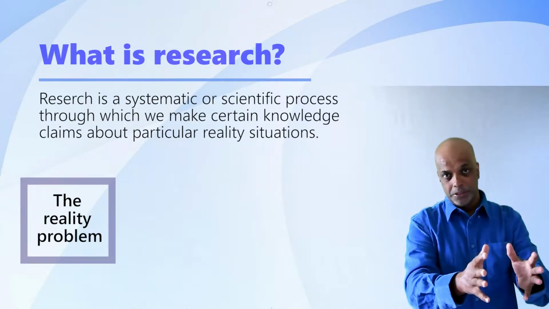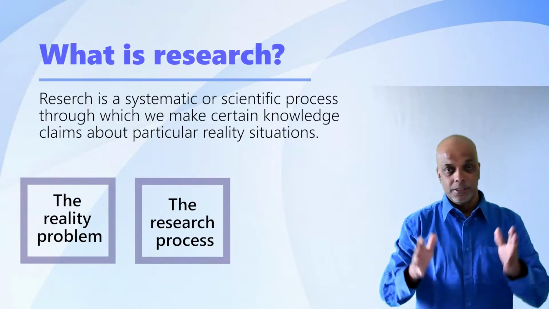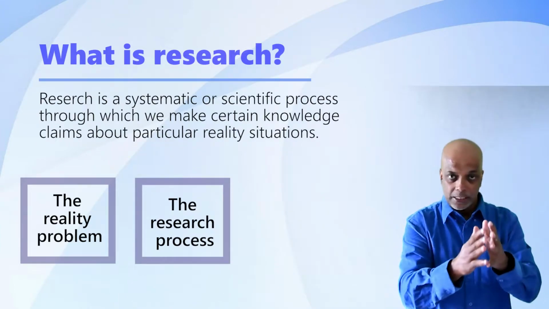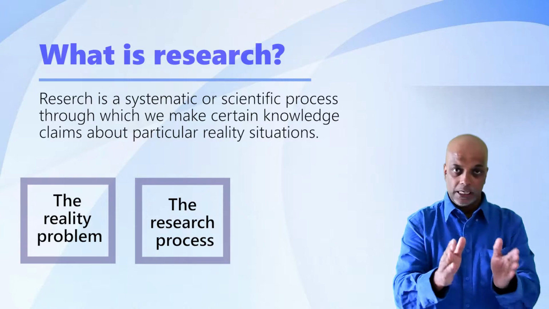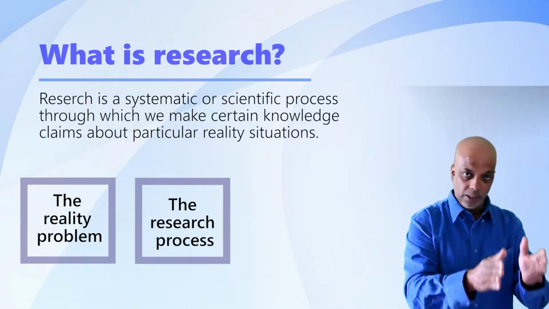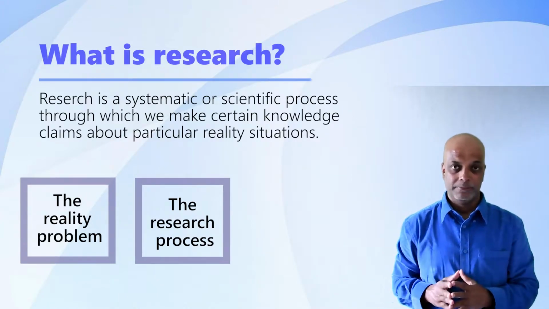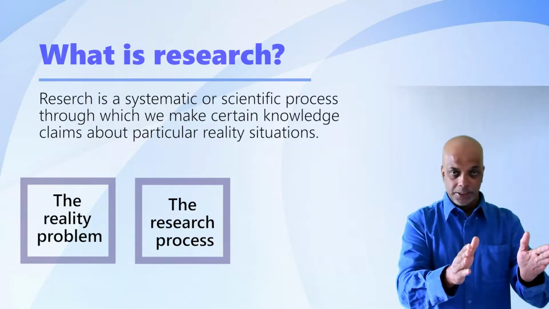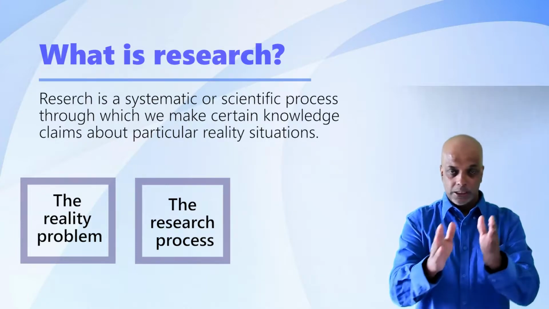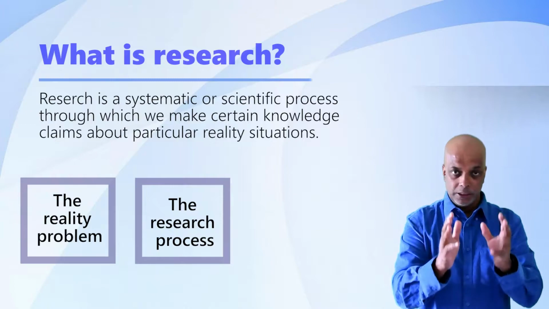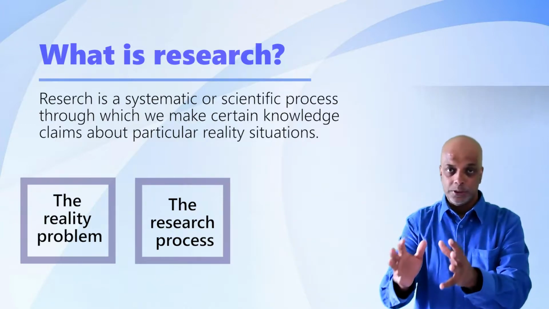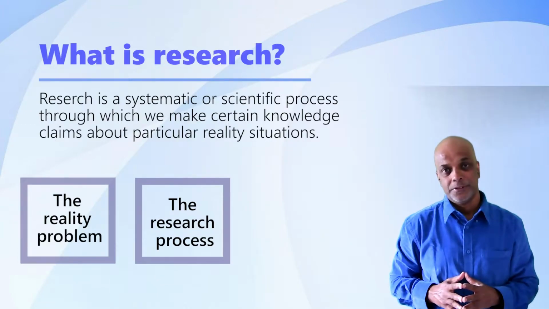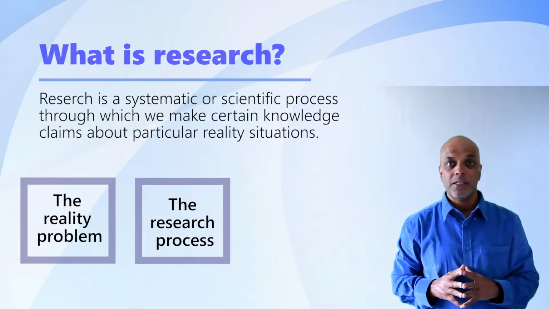Now, the second element of our definition is that there is a process, a systematic or a scientific process, or in other words, a methodological process. A process in which we follow a certain set of research methodologies, techniques, and tools. So that's the second element of our definition.